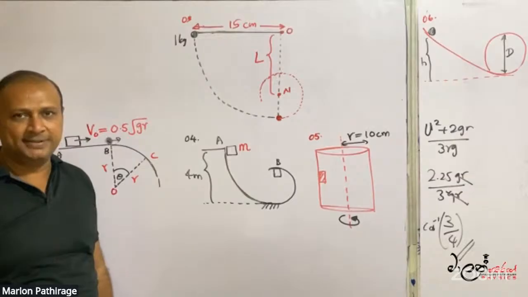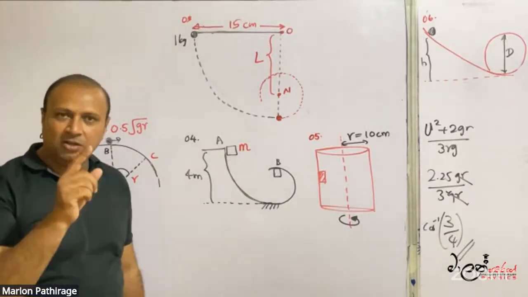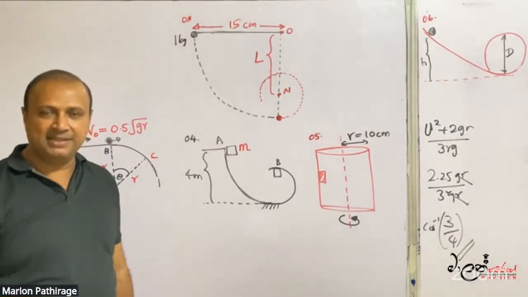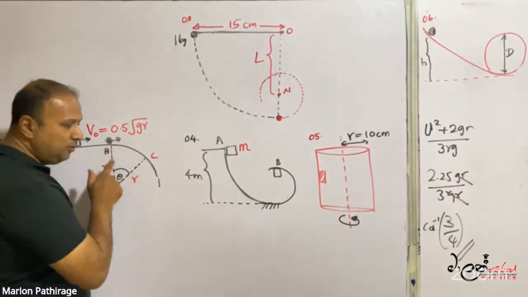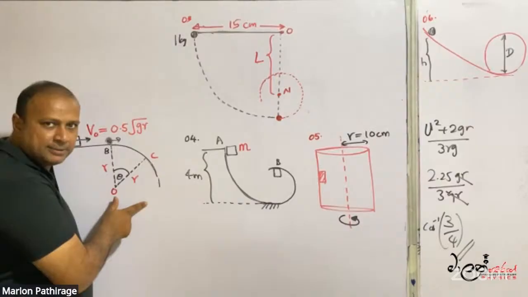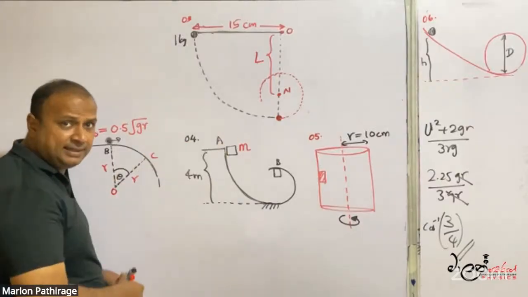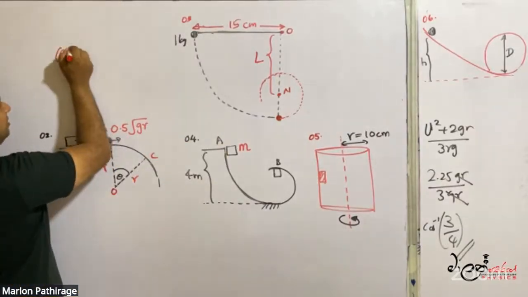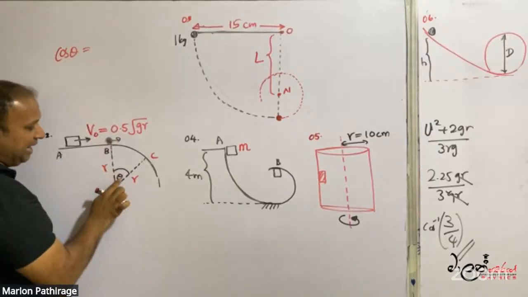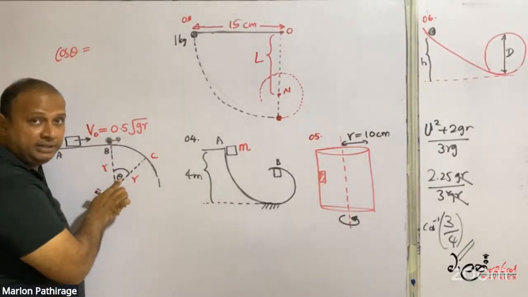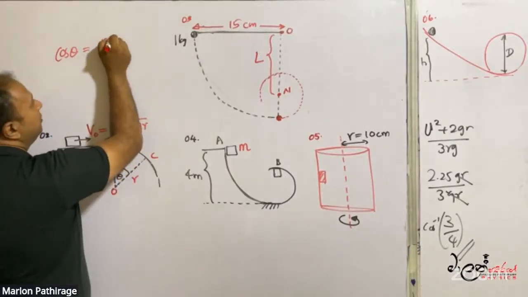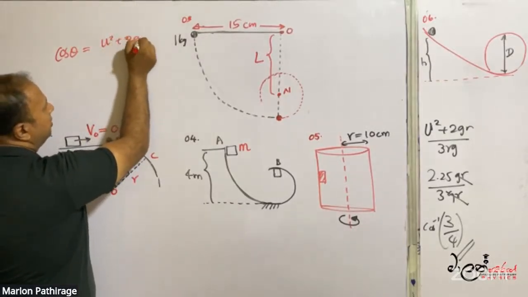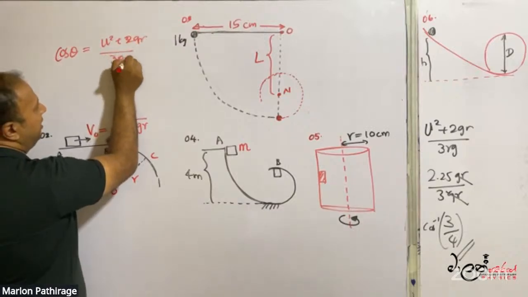If any object moves on a spherical surface, it will definitely leave the surface when cos of the vertical angle is equal to (u squared plus 2gr) over 3gr.